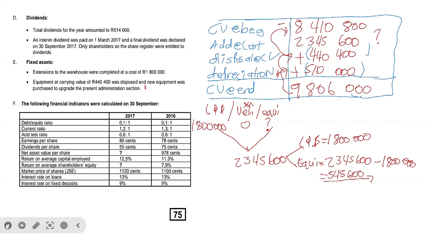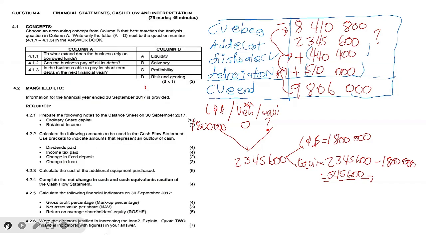Right. Then the next question is for you to match your columns. So column A, column B. Column A: to what extent does the business rely on borrowed funds? So your answer for 4.1.1 is going to be D. That's a risk or gearing ratio. Therefore, can the business pay all its debts?